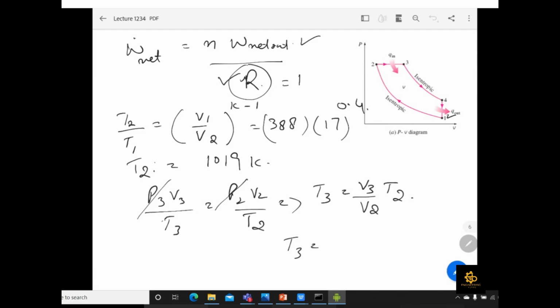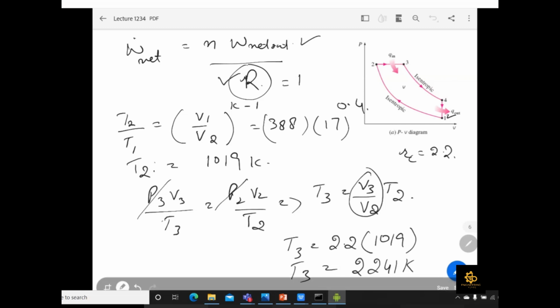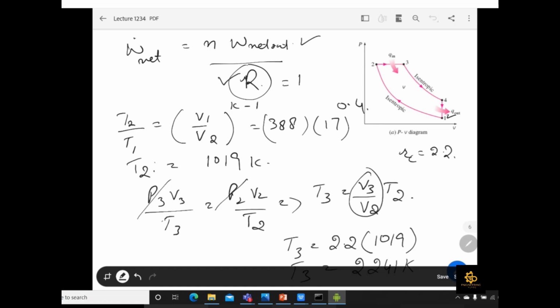From here, T3 is equal to the cutoff ratio, which is mentioned in your question as 2.2, so 2.2 into 1019 Kelvin, and that turns out to be 2241 Kelvin for your T3. So you can note it down, then I'll move towards the next slide.